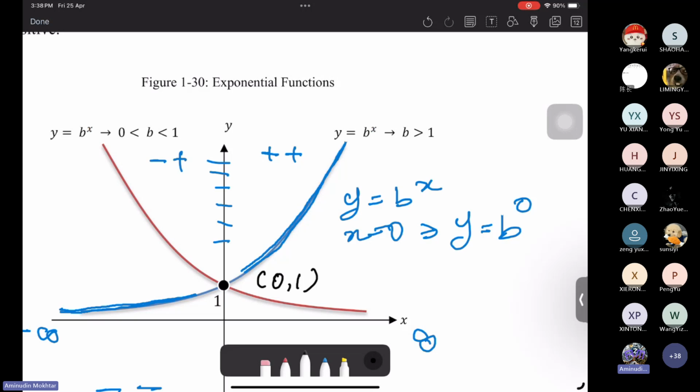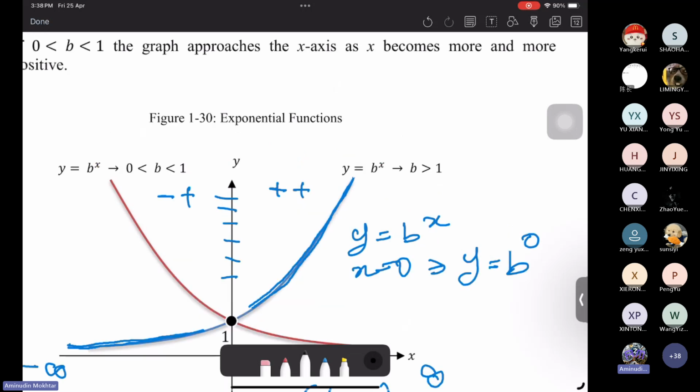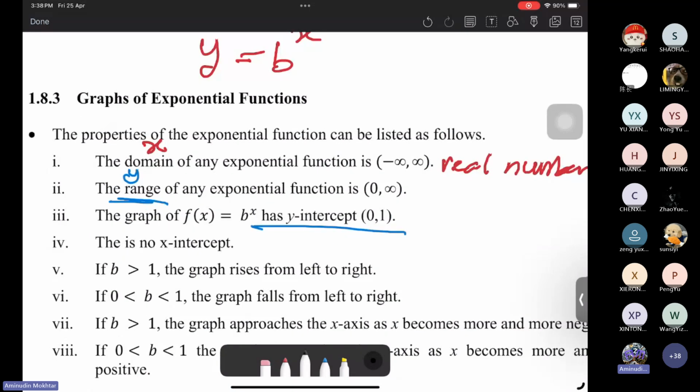So this is property number 3. The graph of f(x) = b^x has y-intercept (0, 1) for the whole exponential function. It doesn't matter the value of b; the y-intercept is x equal to 0, y equal to 1.